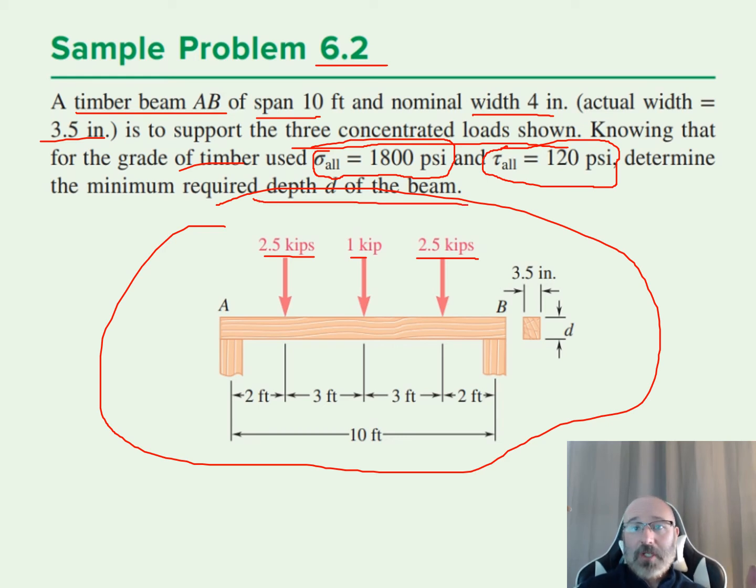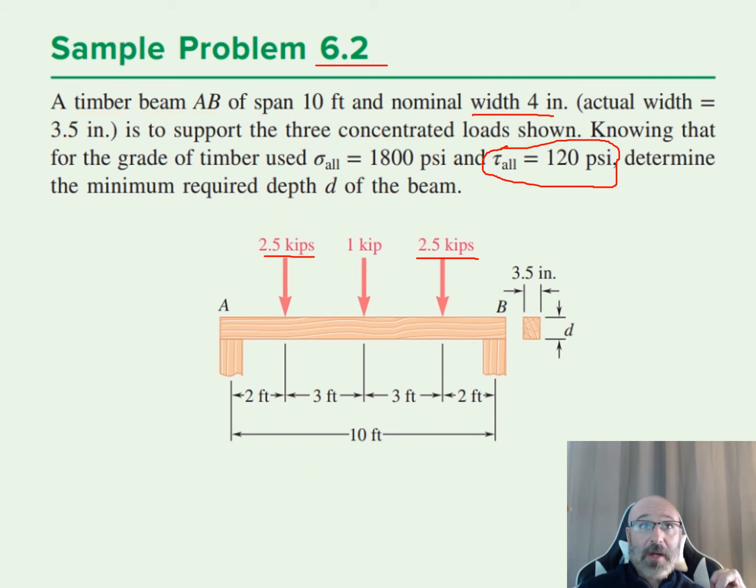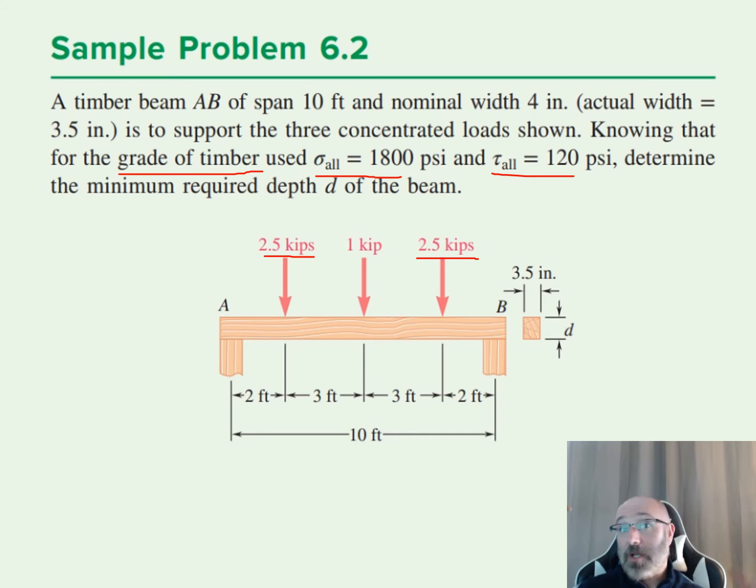A thing I want to mention as we take a break: for this problem, this is a pretty simplistic problem, and they give us a lot of information. As we proceed forward with some of the other design problems, they might not tell us the grade of timber or exactly what our stresses are. This may be something that we need to look up. They might say, choose a grade of timber, and then we have to specify one and double check everything.